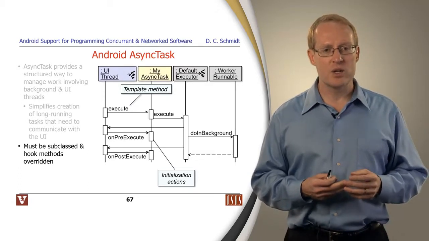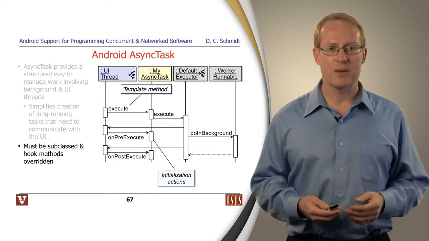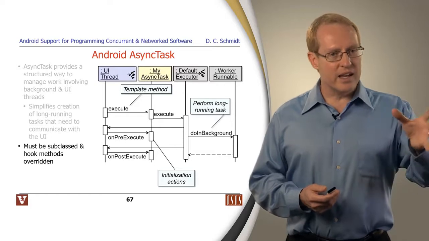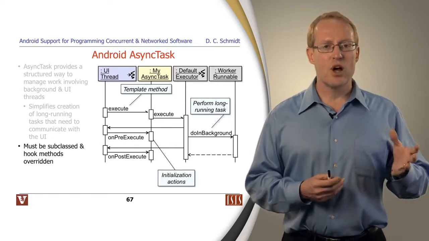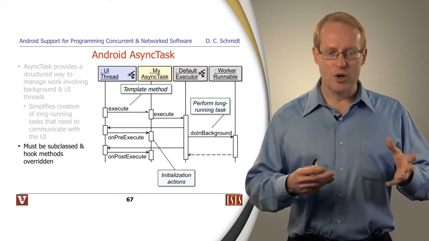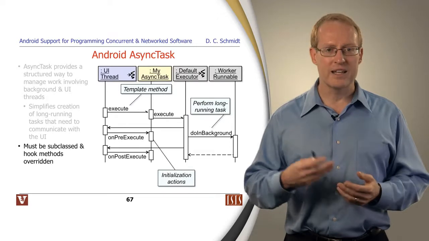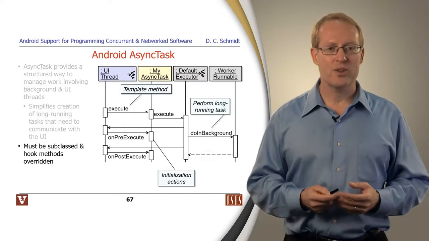This hook method is used to perform various initialization activities, popping up a dialog, for example. Then, in a separate thread that runs independently of the UI thread, long-running operations can take place via the doInBackground hook method. This is something you would typically fill in to carry out the long-running operations you don't want blocking the UI thread.